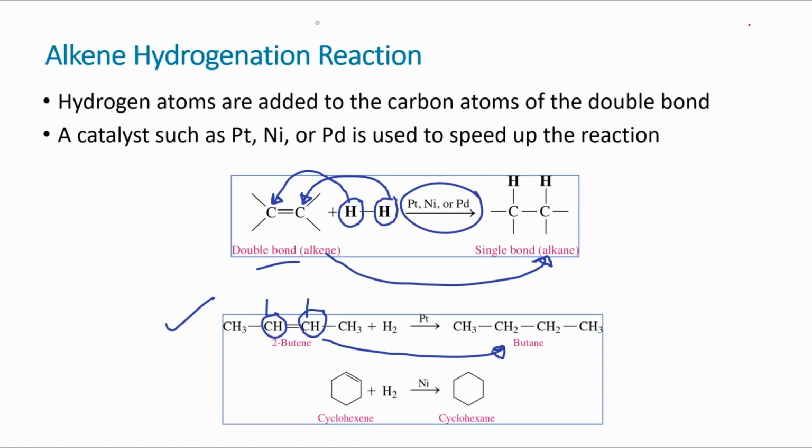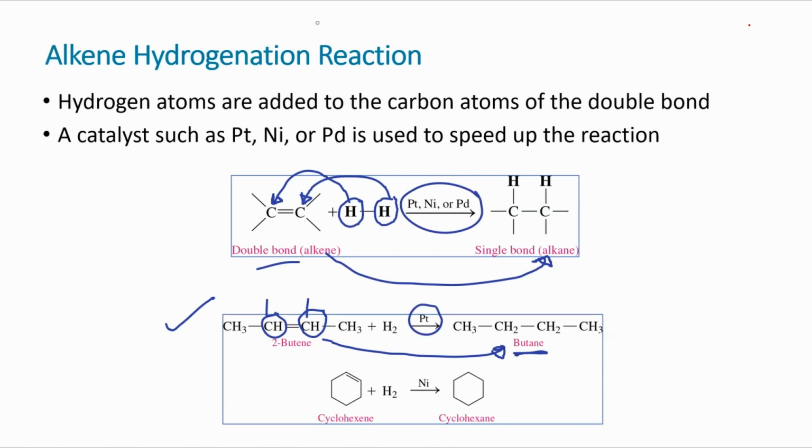And once the two hydrogen atoms are added to the carbon-carbon double bond, it becomes an alkane. Butane is the corresponding alkane. The platinum catalyst is added here to speed up the reaction.